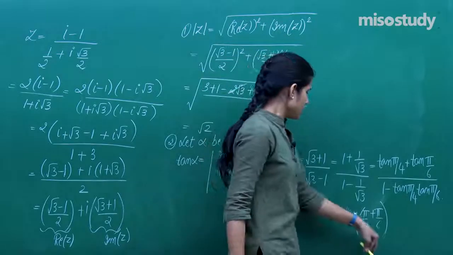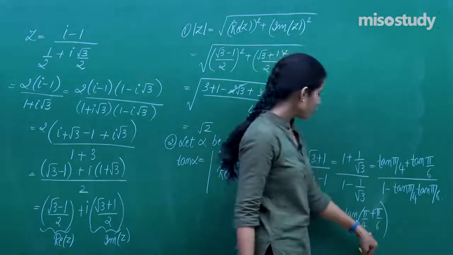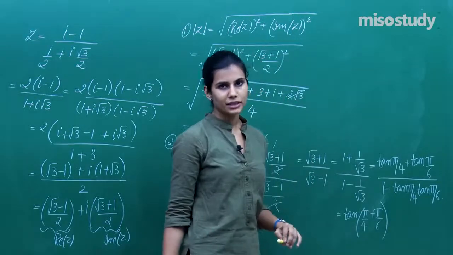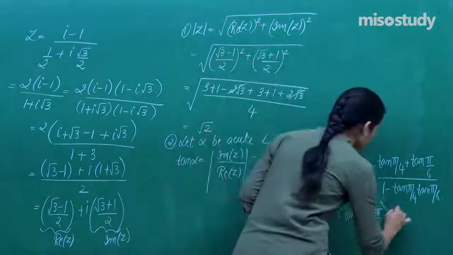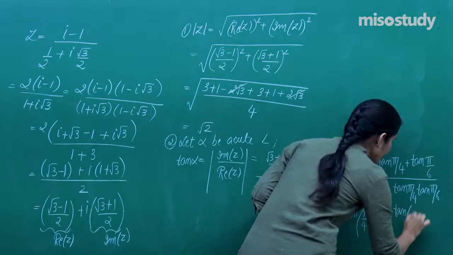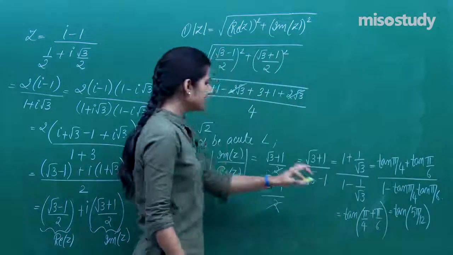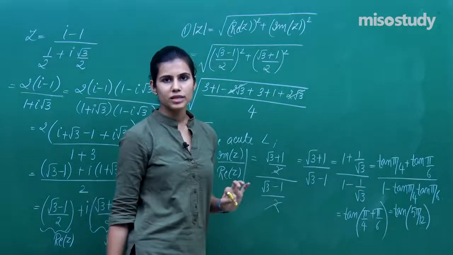If you take LCM as 24, you are left with 6 pi plus 4 pi, that is 10 pi by 24, that is 5 pi by 12. So this is tan of 5 pi by 12.